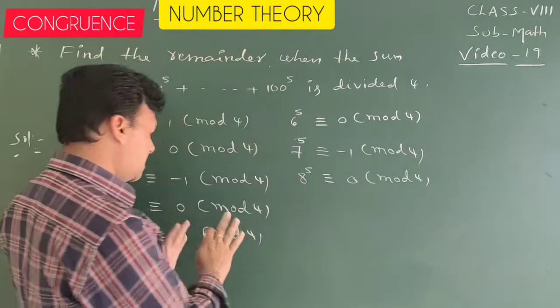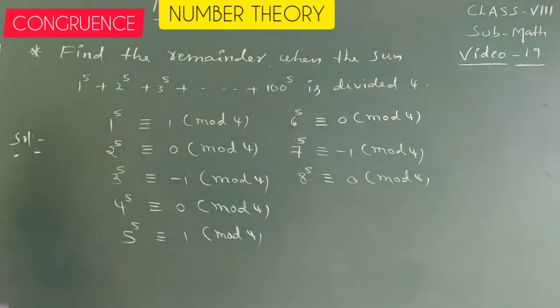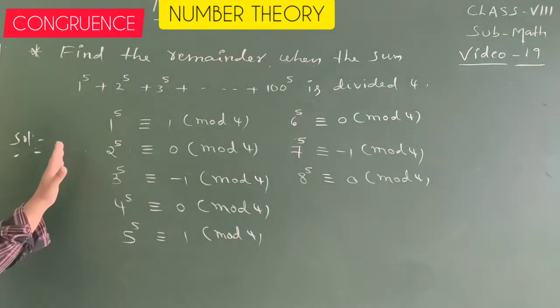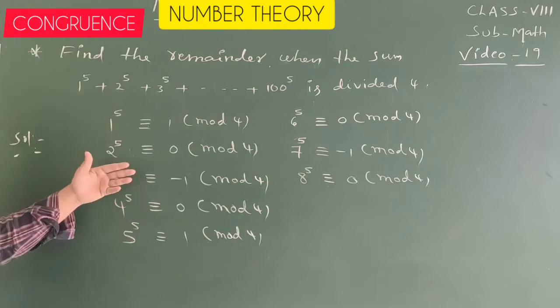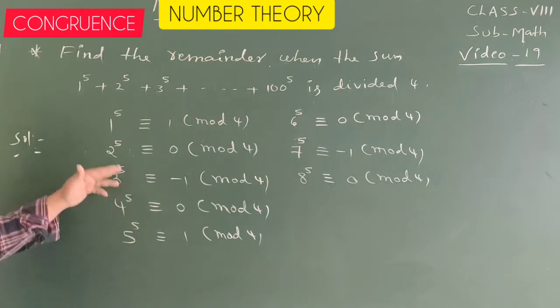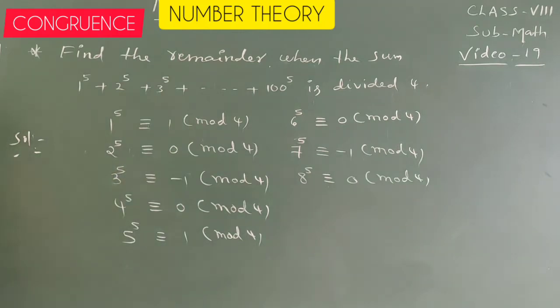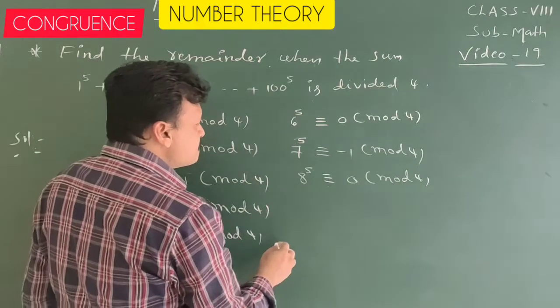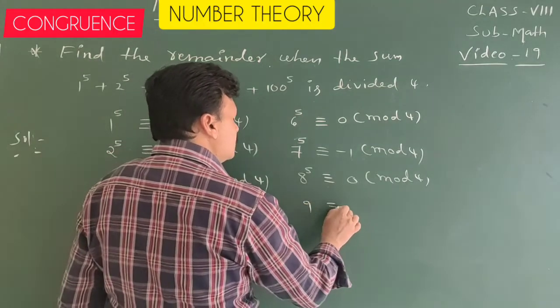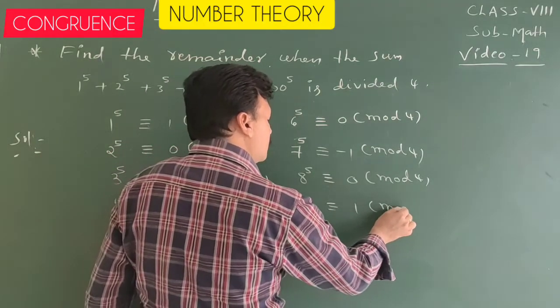Now observe the pattern. I won't write till 100, I'll write till 10 only. It will repeat. 11 will be like 1, 12 will be like 2, like that it will repeat. So don't bother about that. Here 9 is congruent to 1 mod 4.